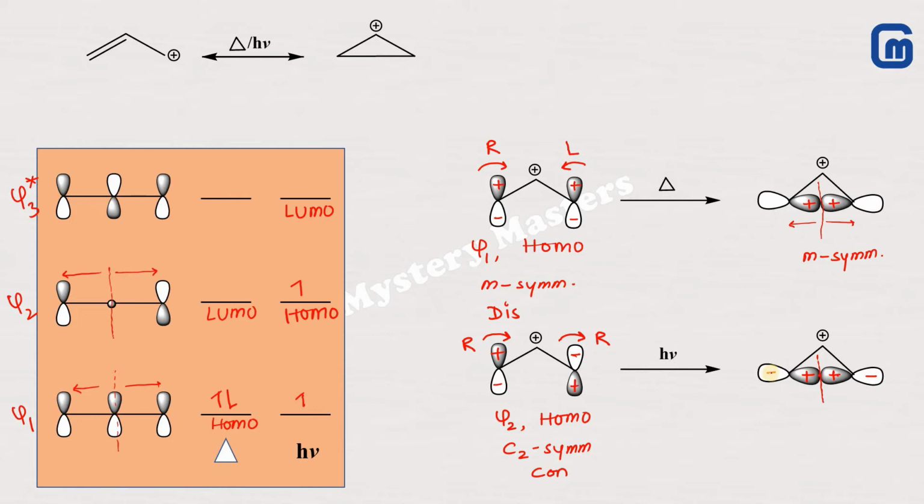For example, if I am moving from the center of this white lobe on my left hand side, passing through the center, and in the equal distance if I am moving towards my right hand side lobe, the white lobe, I will be getting the same type of arrangement. That's why you can say that this is having C2 symmetry, and it is very much important to understand that in the sigma bonding orbital, M symmetry and C2 symmetry both are present. That's why we can say that in H nu condition, conrotation will be required and C2 symmetry will be there in the molecule.